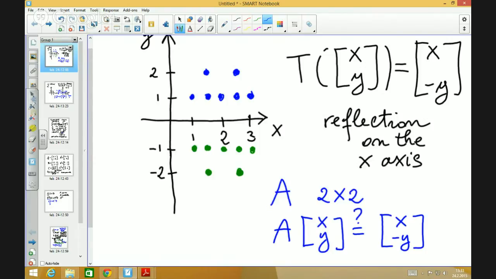Is there such a matrix? Your colleagues here in the room are saying yes, and I can even hear you at home saying yes. So what matrix is this?